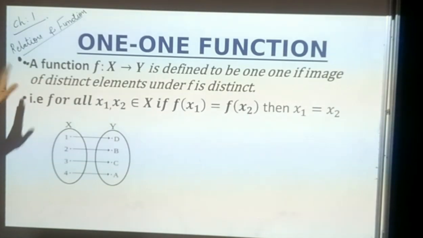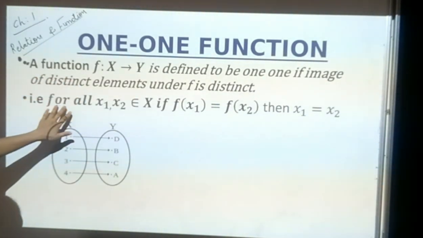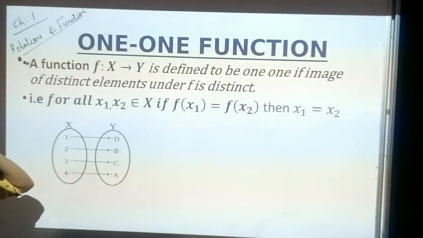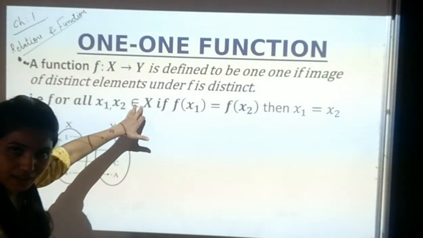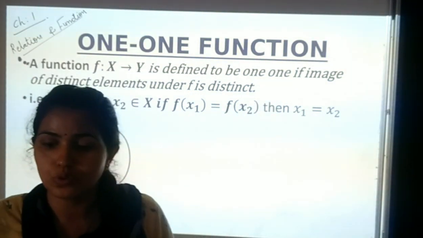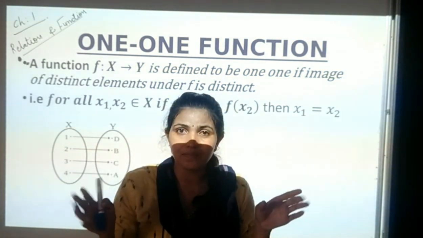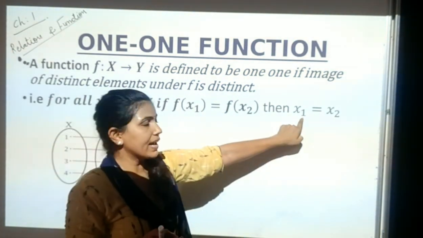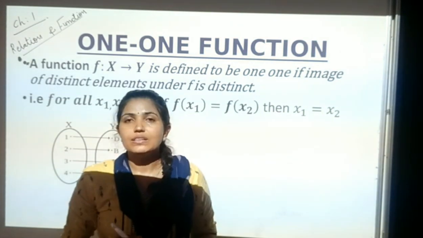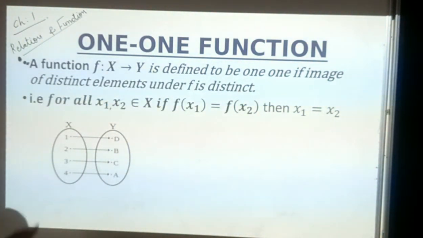Here we have the same definition I have written. That is, for all x1, x2 belonging to X, if f of x1 is equal to f of x2, that means if for any two elements the image is the same, then x1 and x2 are equal. The elements will be equal. So this is called the one-one function.